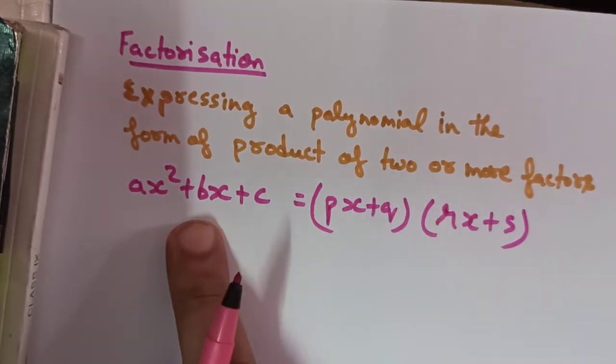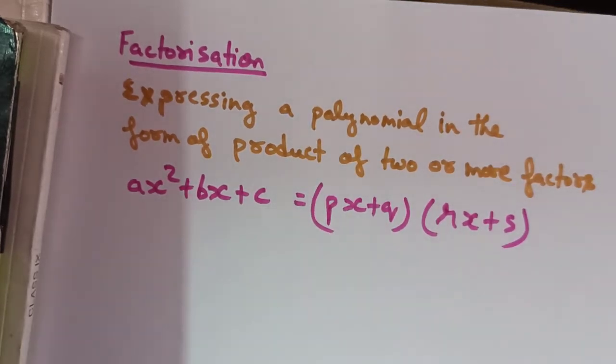Since it is a quadratic polynomial, it will have two factors and it will have two zeros of the polynomial also.